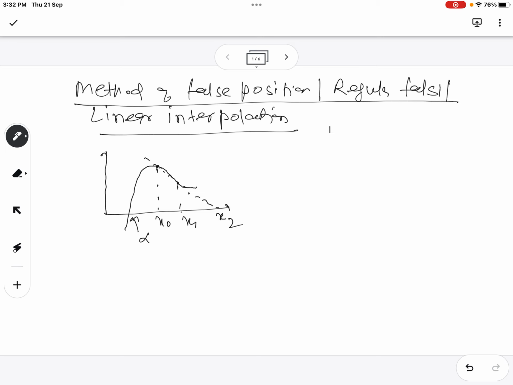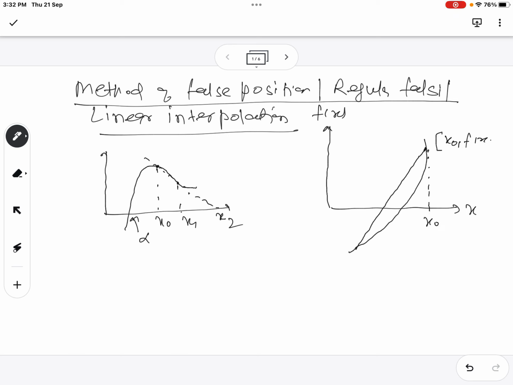So in the regula falsi method, there is a modification to this. If we take a curve like this, then 2 points are chosen on this curve in such a way that they fall on the opposite sides of the x-axis.